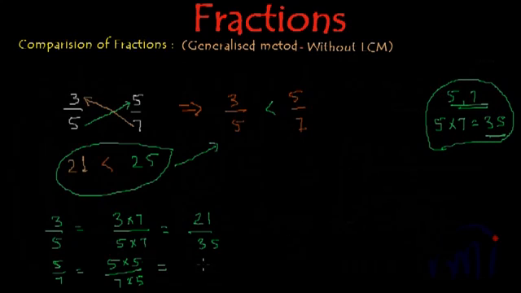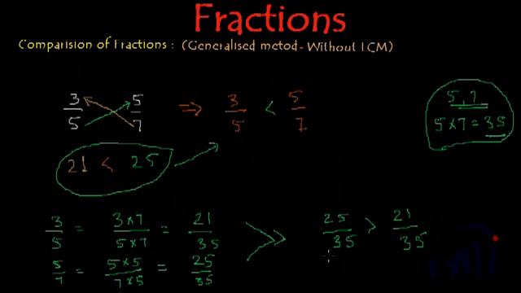So the equivalent fraction for 5 by 7 will be 5 5s are 25 and 7 5s are 35, right? So we have got equivalent fractions for 3 by 5 and 5 by 7. They are 21 by 35 and 25 by 35, and from here 25 by 35 is bigger than 21 by 35.